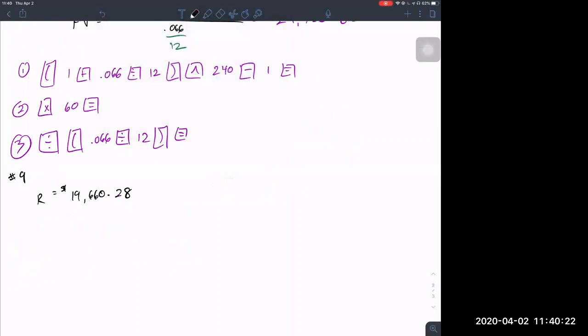They told you it's compounded monthly, so that's 12, and also that you're doing this for how many years? 10 years. So this is a present value problem already, if you didn't know.